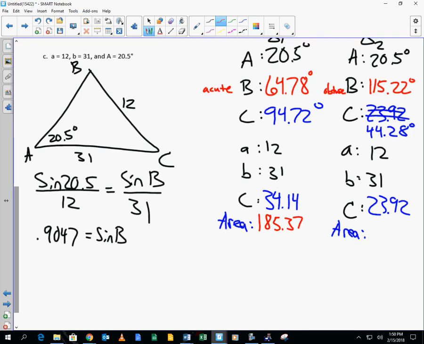No. You need to use the angle that sits between the two sides. What's the angle that sits between the two sides? 94.72. Right? Grace, do you agree? So you've got to use the angle that sits between the two.